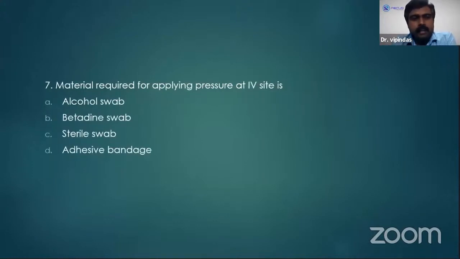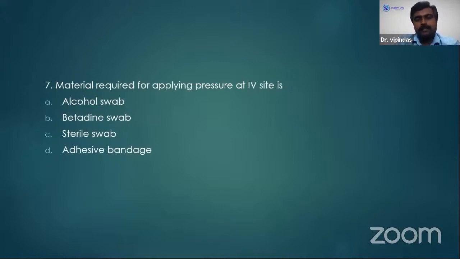The material required for applying pressure at the IV site: alcohol swab, betadine swab, sterile swab, adhesive bandage. Here the answer is C, that is sterile swab.